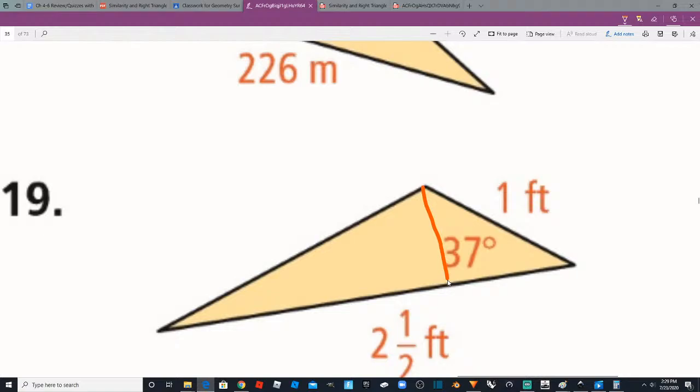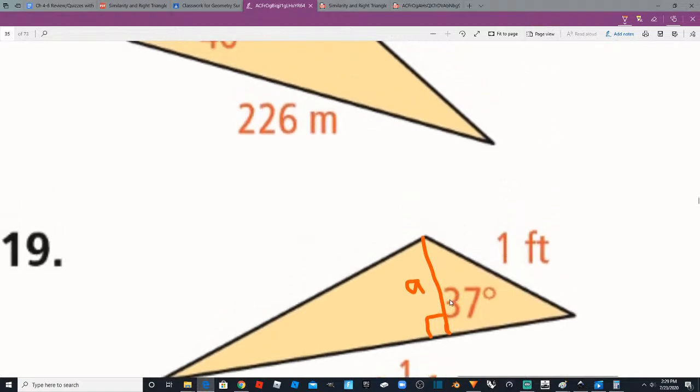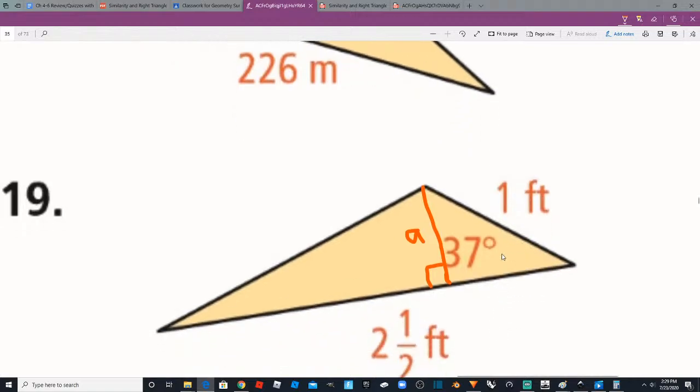Here, I can form an altitude, right? And I'll label this A. This angle right here is 37. Not to get confusing.